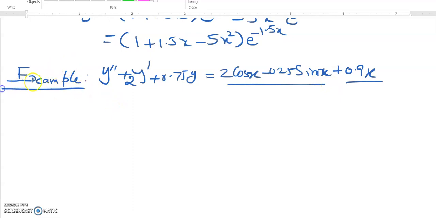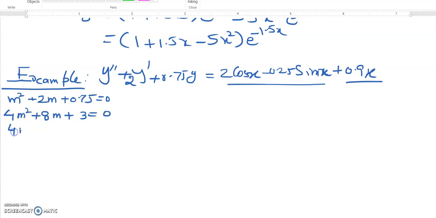First of all, we will find the roots of the homogeneous quadratic equation, for which the characteristic equation is m square plus 2m plus 0.75 is equal to 0. If I multiply this characteristic equation by 4, it will be 4m square plus 8m plus 3 is equal to 0. I have removed the decimal point from here.